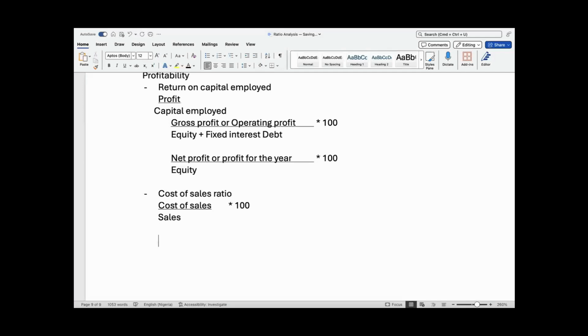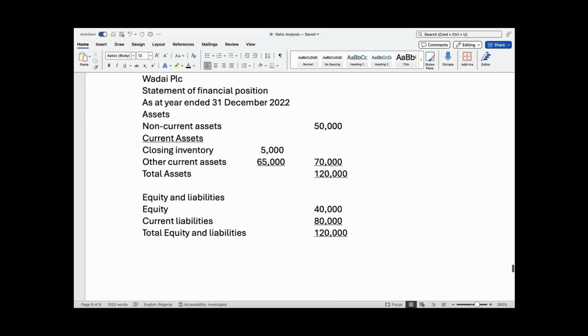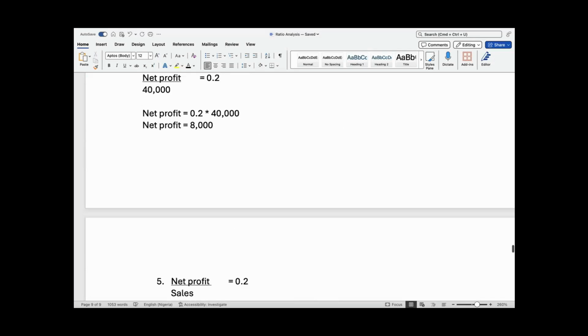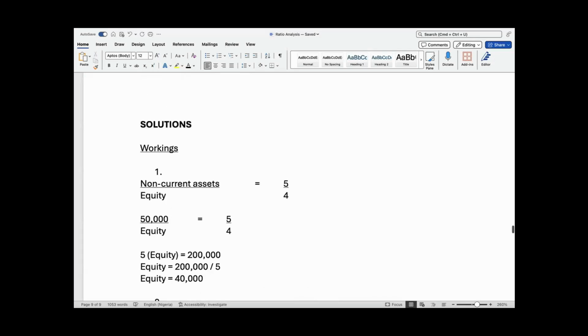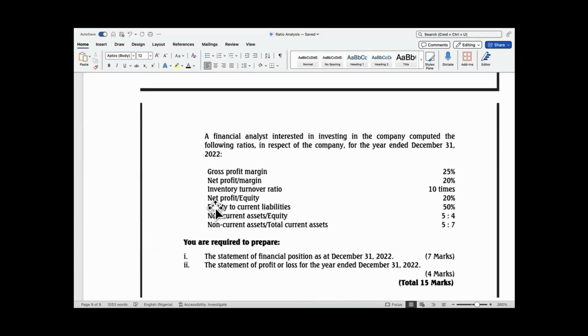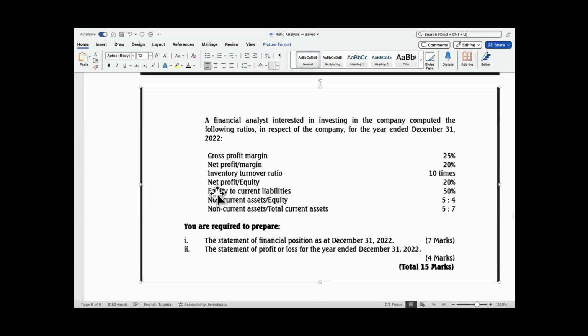And from this question, you could see that the examiner can come up with a lot of ratios. They can express it like this: net profit to equity ratio, or equity to current liabilities ratio, or non-current asset to equity ratio. If they come up with those ratios, you can easily come up with the formula because it is as expressed.